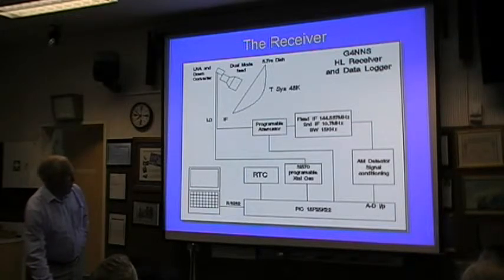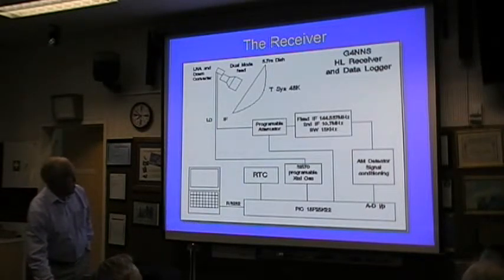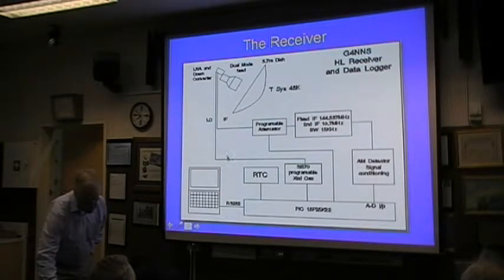So the system consists of a clock that timestamps all the measurements. In my case, I use an SI570 programmable crystal oscillator to generate the local oscillator signal at sort of baseband, if you like, it's then multiplied up.